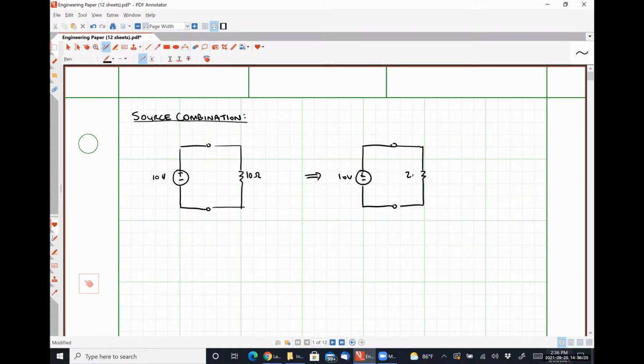And then from there, we actually went into the rules of combining those equivalent resistances, right?